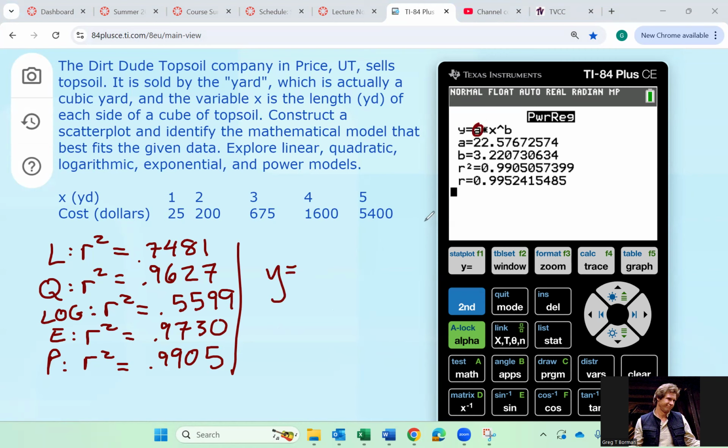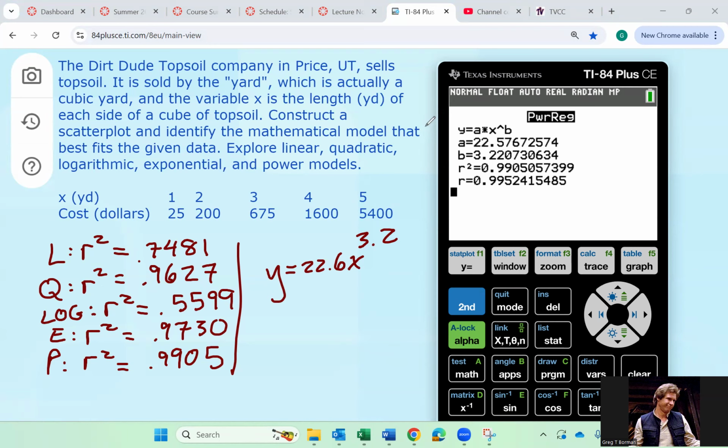Next is A. A is, we'll just go one decimal place, 22.6. Then we multiply by x, and then raise that to the b power, which is 3.2. And that is going to be the best model out of these 5 to represent the data. Maybe there's a better one somewhere, but out of these, this is the best.